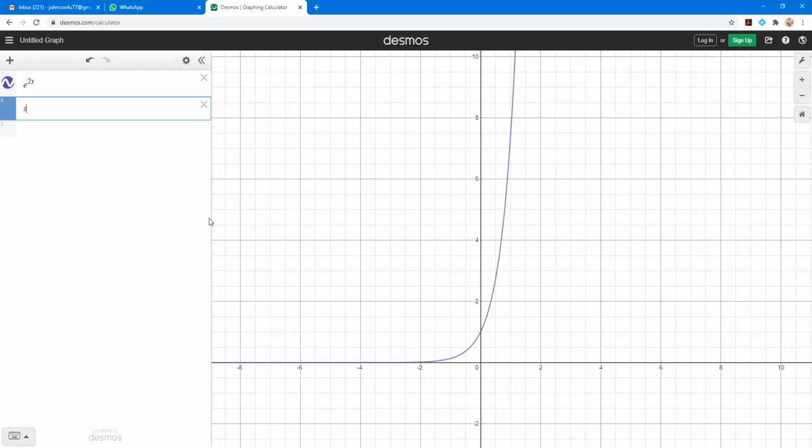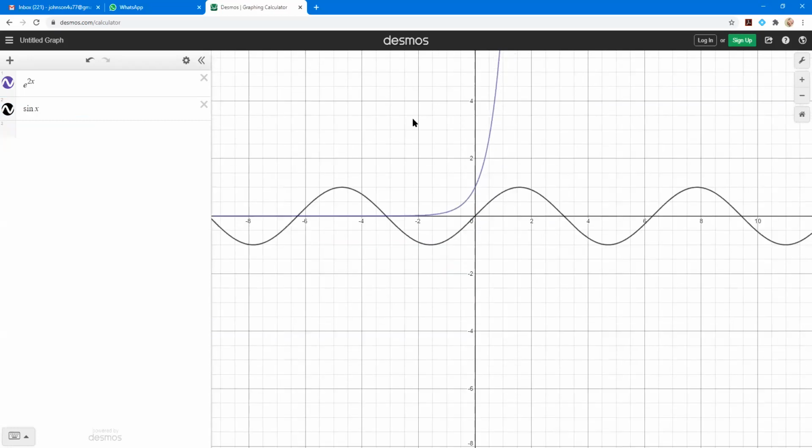Another function, look at the graph of sin x. Is sin x an increasing function? Is sin x an increasing function or decreasing function? No. Both. Sin x is not, you can see that from 0.